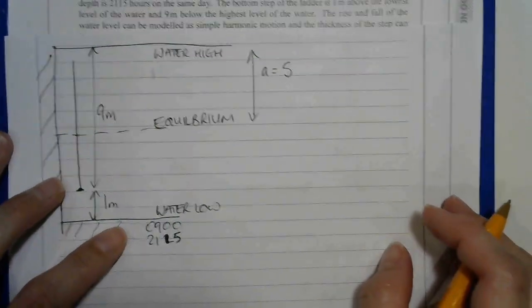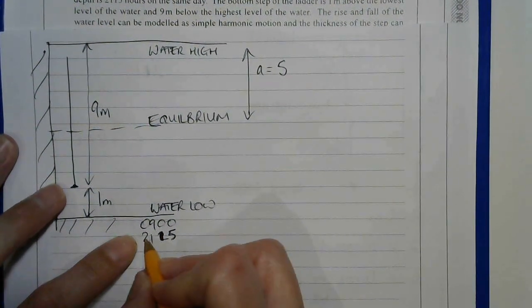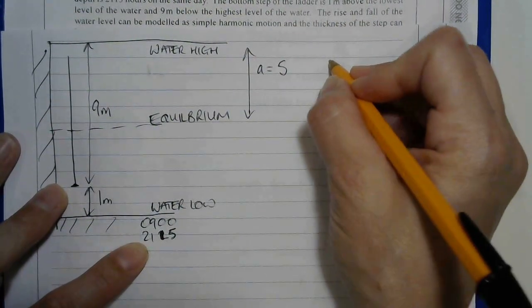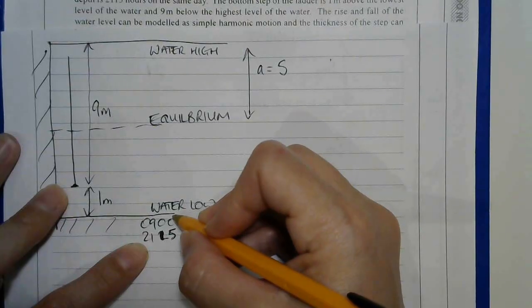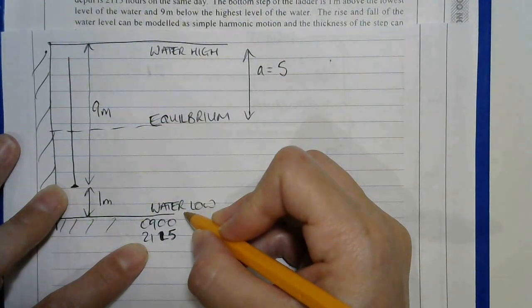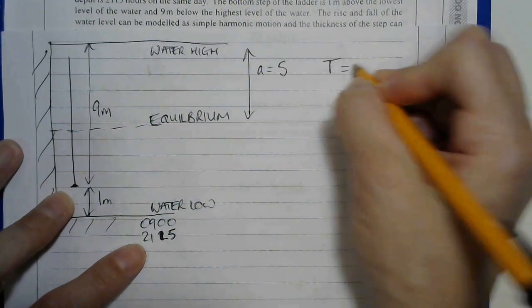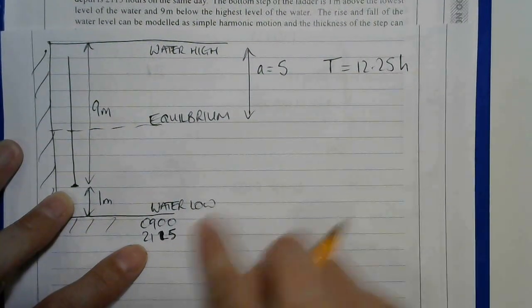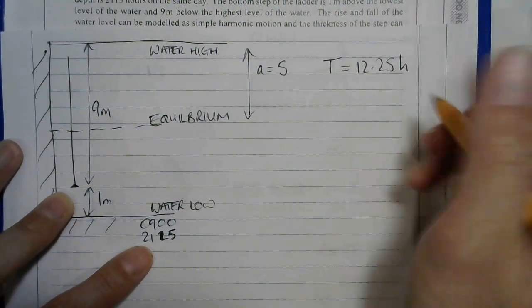And the fact that they told me that it takes 12 and a quarter hours to go from the bottom to the top and to the bottom again tells me that the time period is 12.25 hours, because 15 minutes is a quarter of an hour.